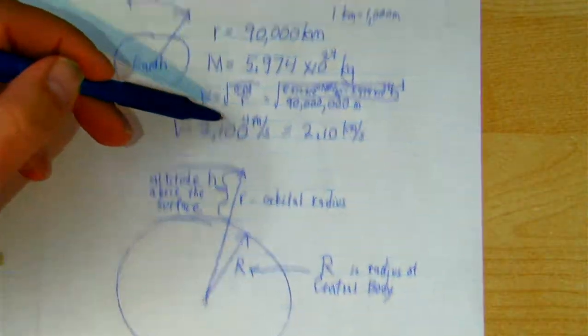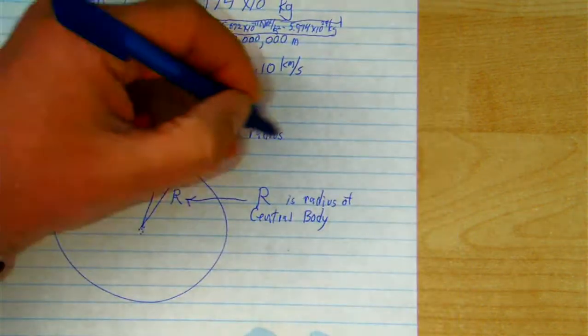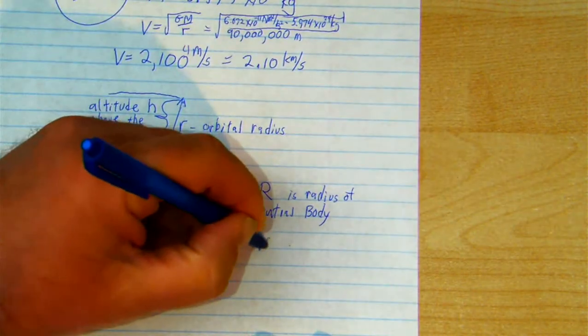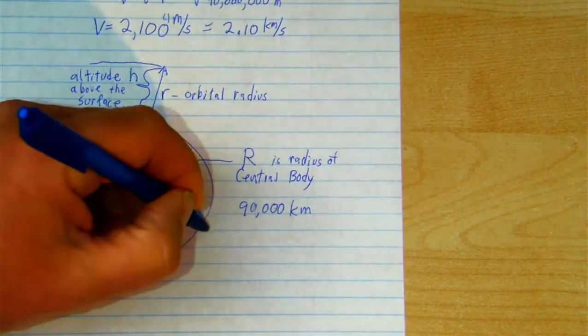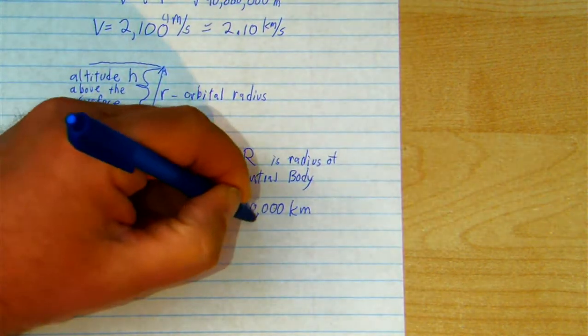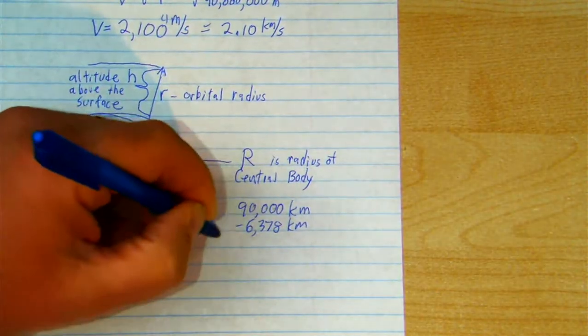So in this example that we just did, the orbit radius r was 90,000 kilometers. The radius of the Earth is 6,378 kilometers.